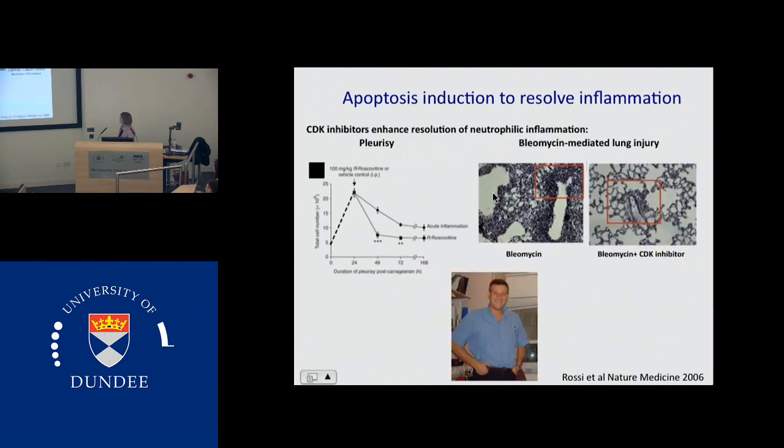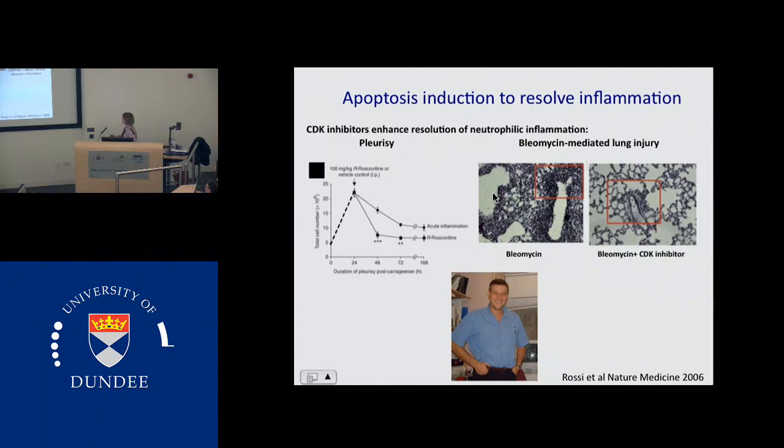Okay, so an important paper in the field was that from my colleague Adriano Rossi about 10 years ago now, and what he showed was that if you took a group of compounds that are pharmacological inhibitors of a particular enzyme family, you can drive neutrophils to earlier apoptosis.